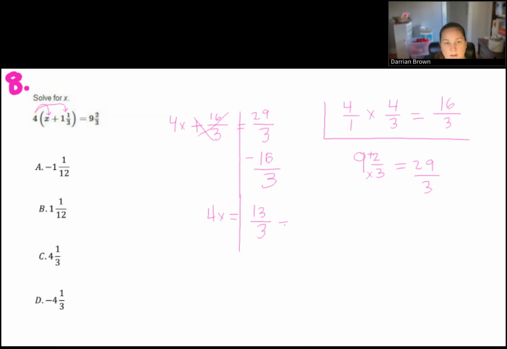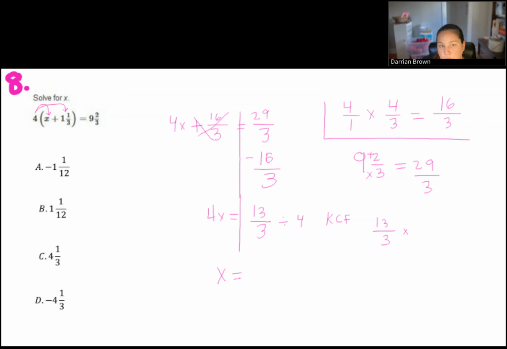So divided by 4. But remember, we don't like to divide fractions. What's the rule that we use to change it to multiplication? Very good. Keep, change, flip. So that would give us 13/3. We keep that. Change division to multiplication and flip our fraction.